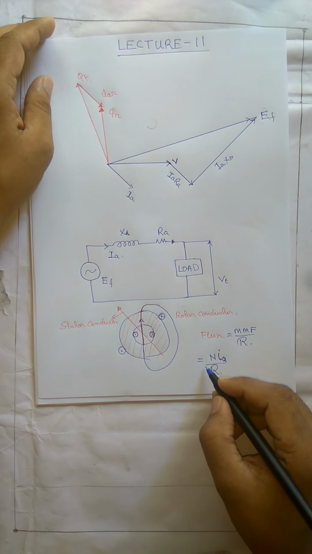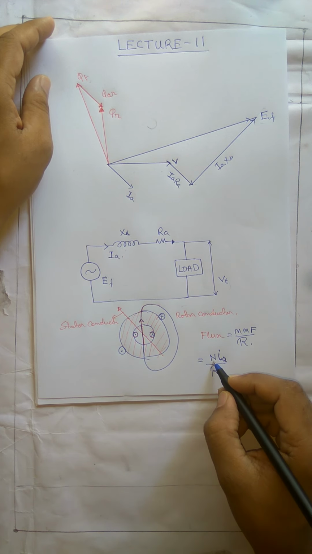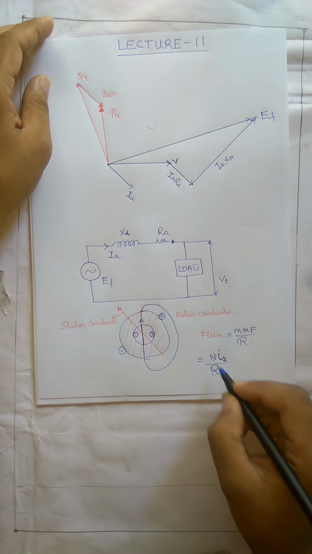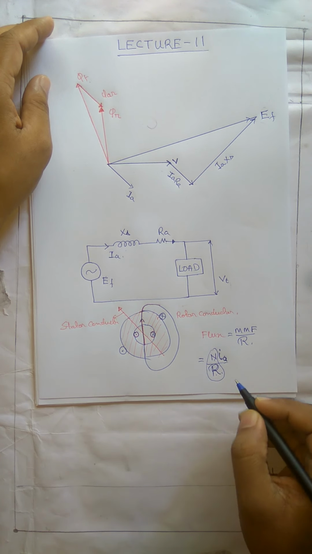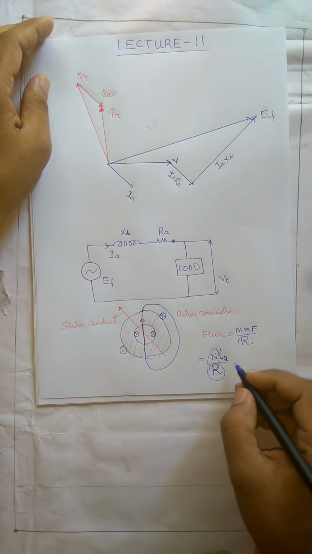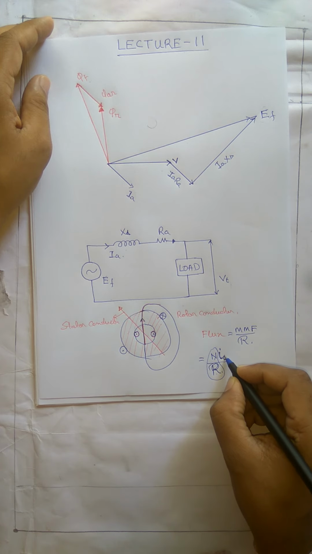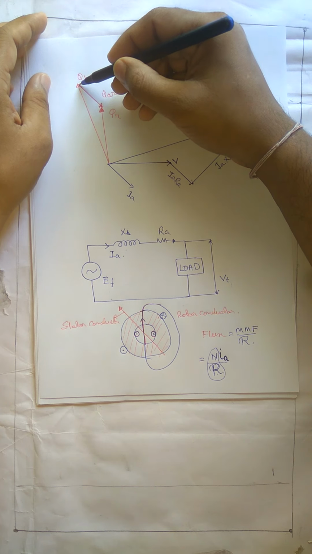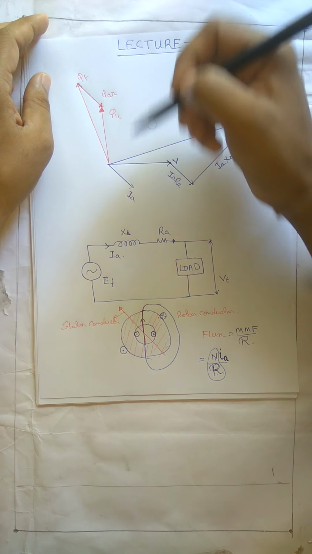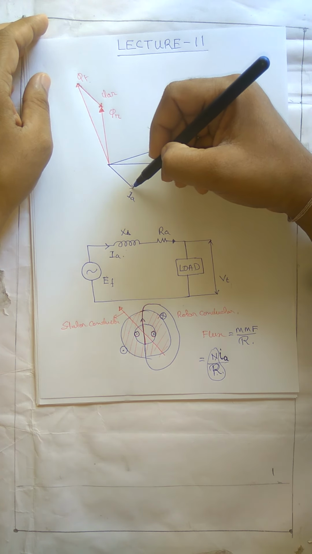If you look at this N and this reluctance R, these are some constant numbers. So the direction of the armature flux will be same as the direction of armature current. So this flux, that we are calling armature flux, is in the same direction as Ia.